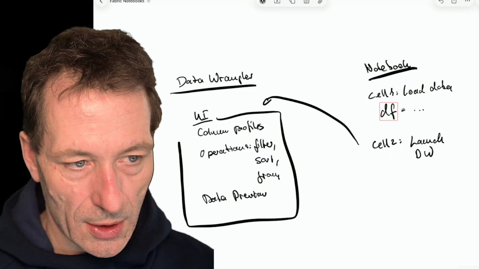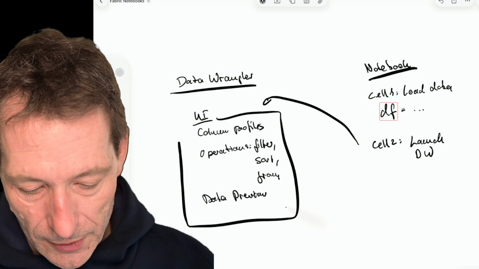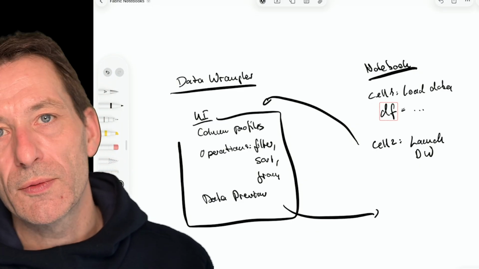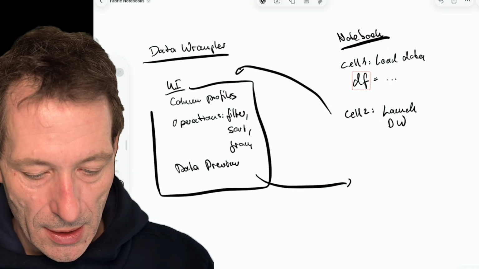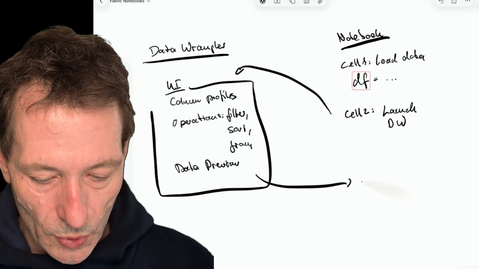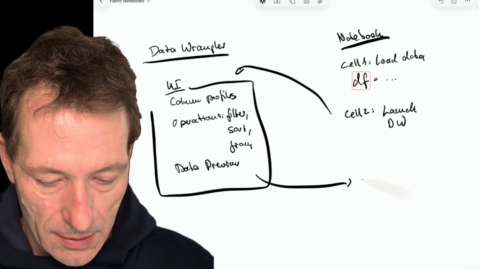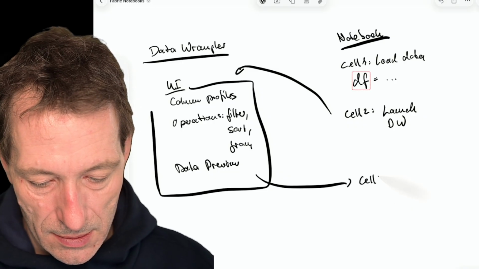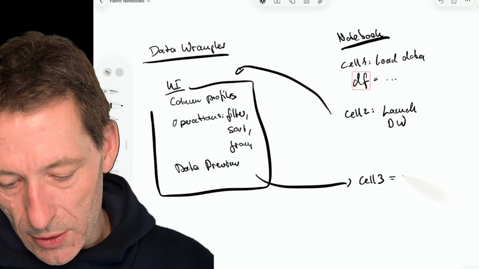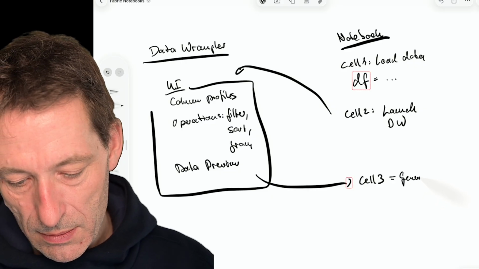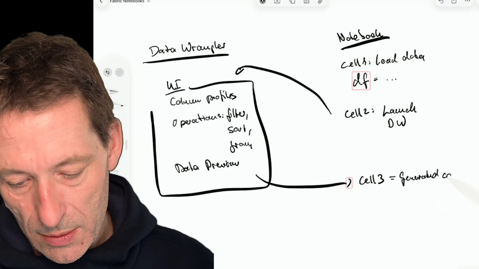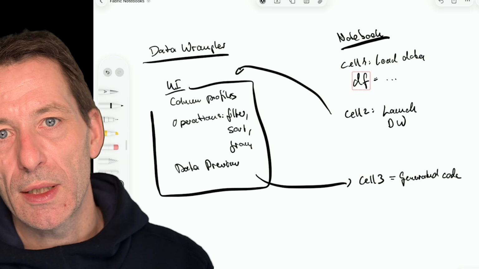So there you go here. And after you went through all the configuration in the user interface, you add that back to the notebook, which means cell 3 equals your generated code from the Data Wrangler.